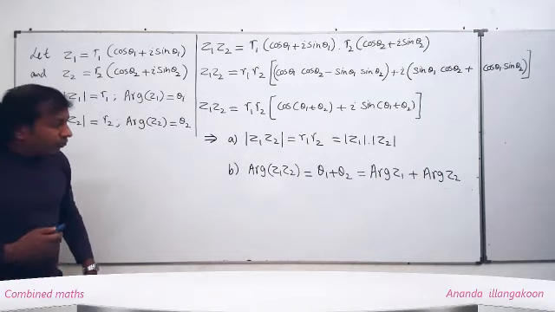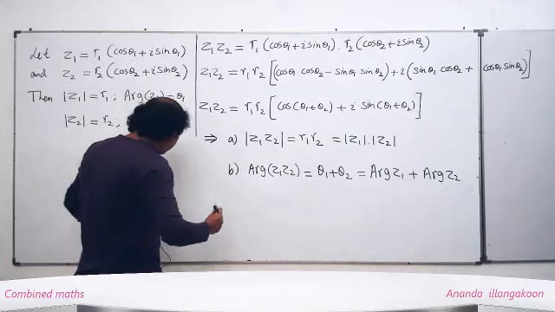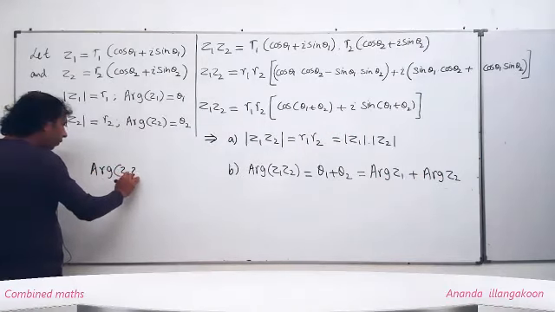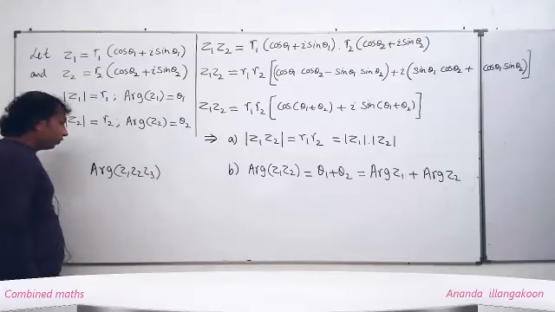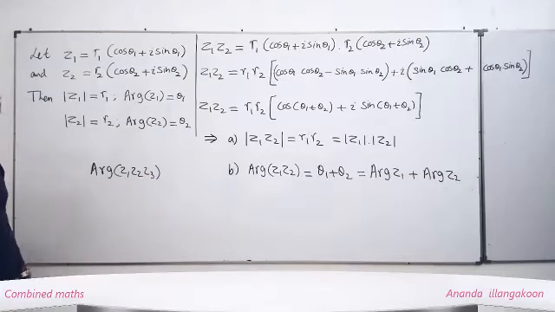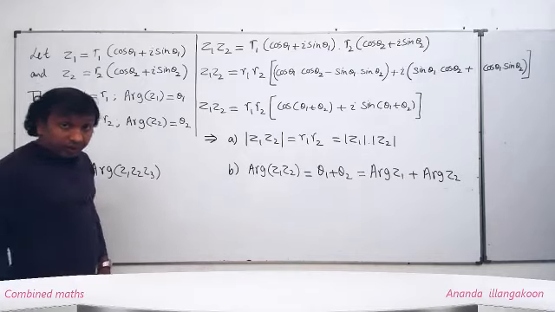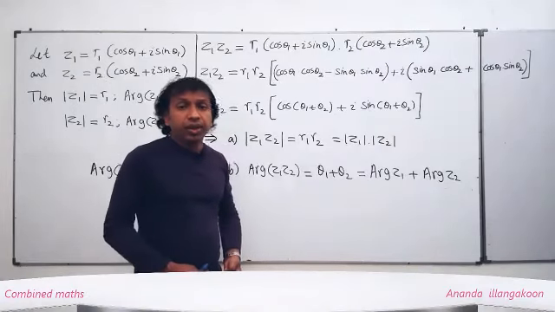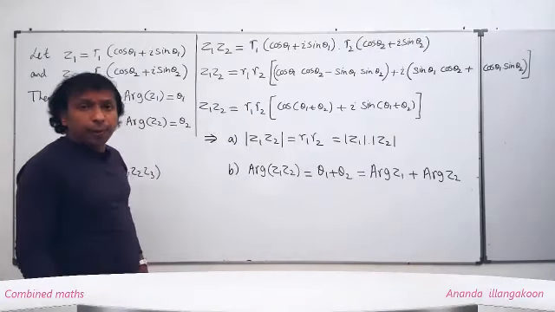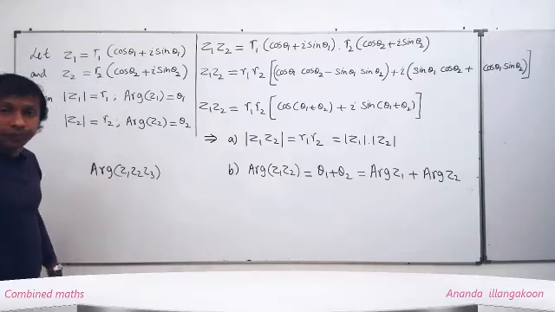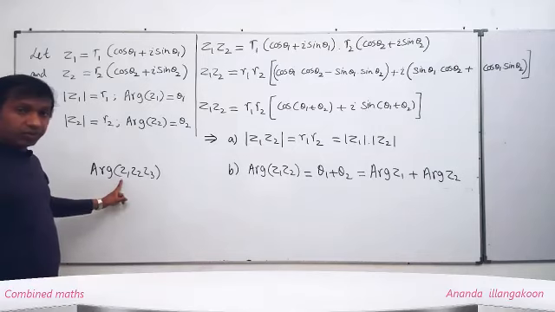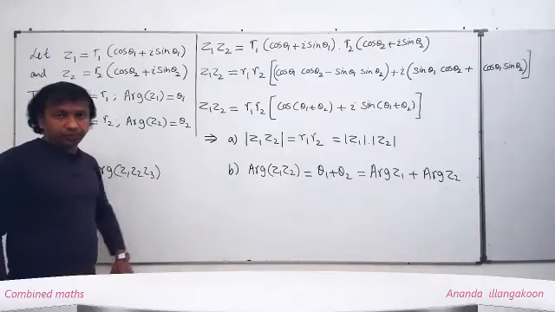So that means, when we consider three complex numbers in the product, Z1, Z2, Z3 multiplied together to finally give one complex number, its argument is equal to the sum of the arguments of Z1, Z2, and Z3.